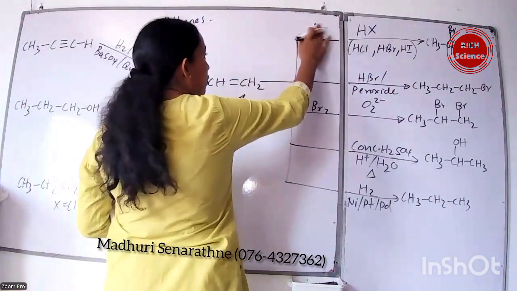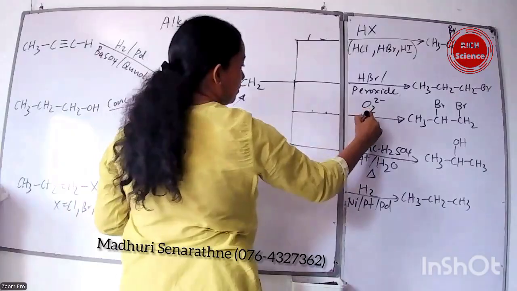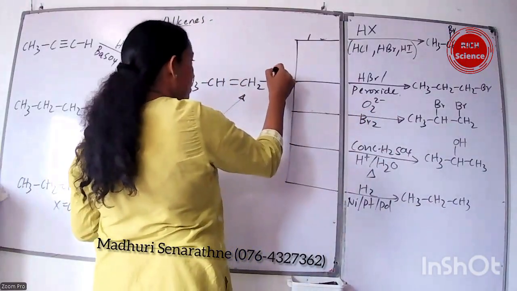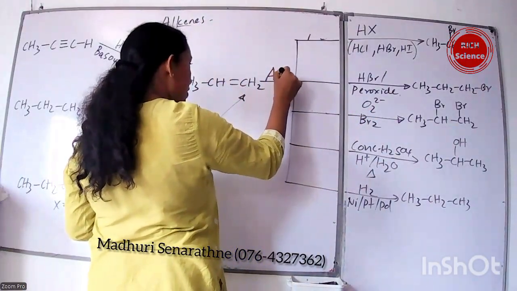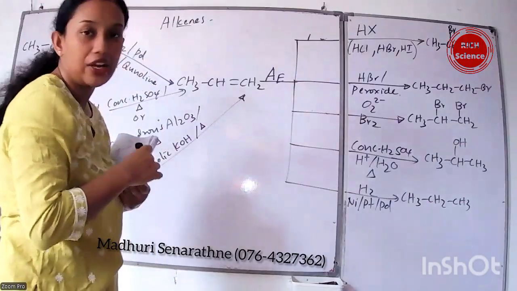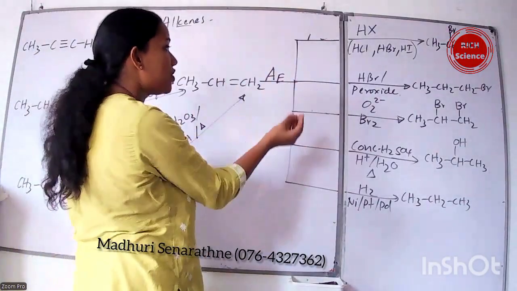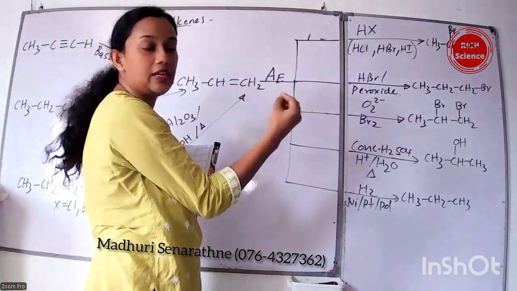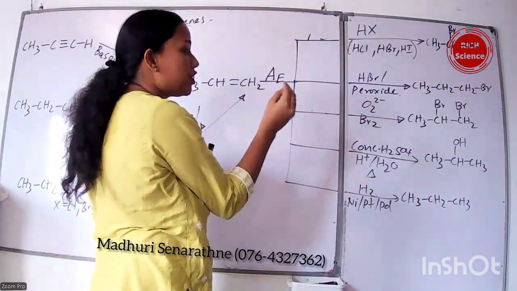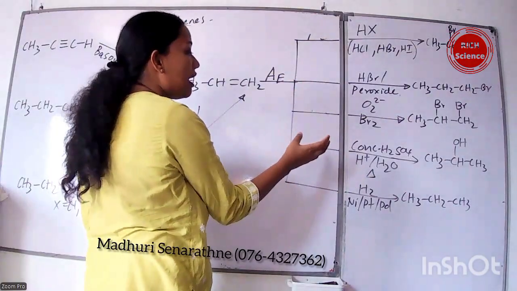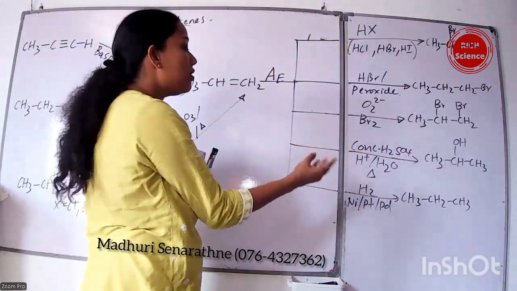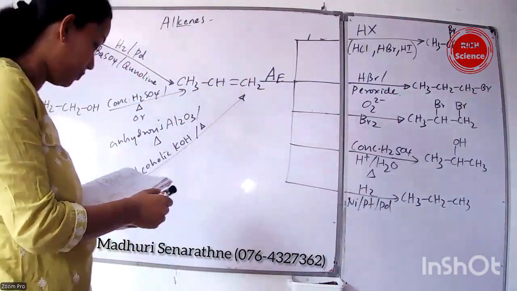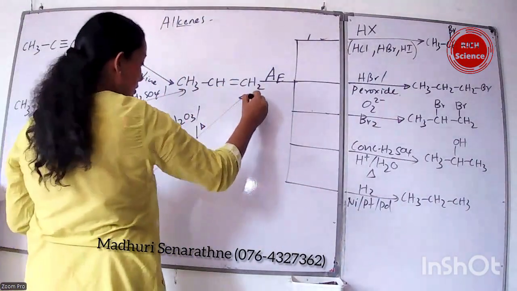Those are electrophilic addition reactions. What are the 5 electrophilic addition reactions? HX addition, HBr peroxide medium addition, Br2 addition, Br2 liquid addition, sulfuric acid addition, which means water addition, and hydrogen addition. Next one, oxidation.